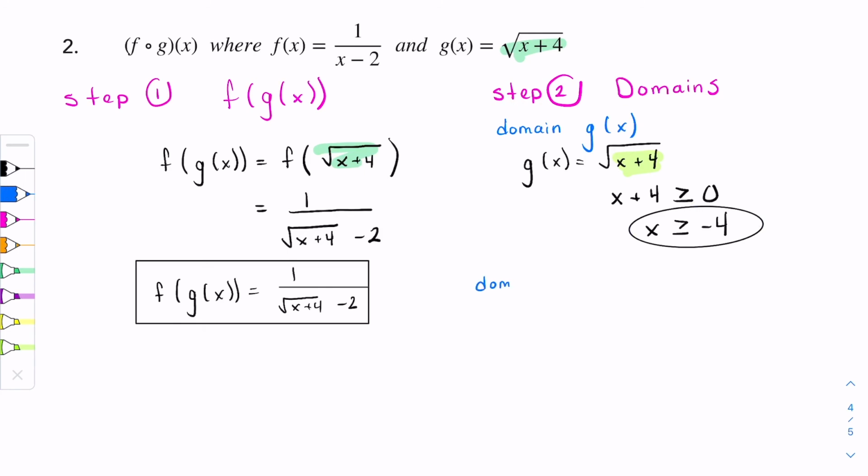Next, we find the domain of the composite function. The domain of the composite function is found using f of g of x, which is 1 over the square root of x plus 4 minus 2.